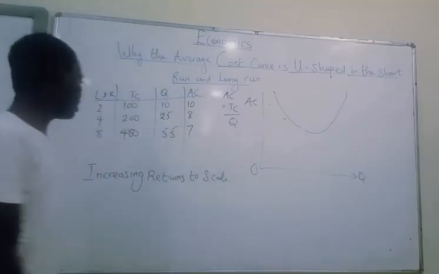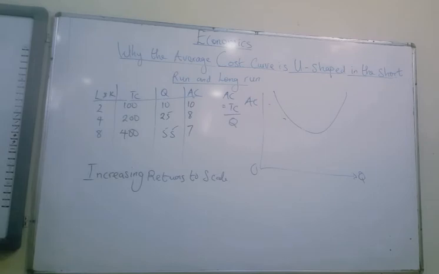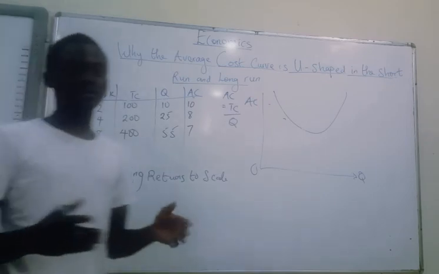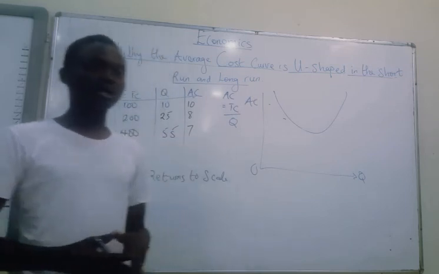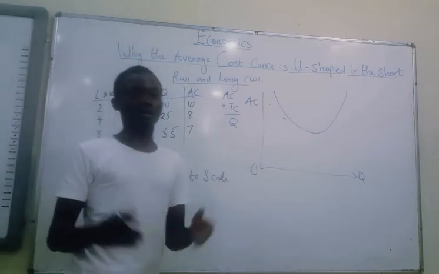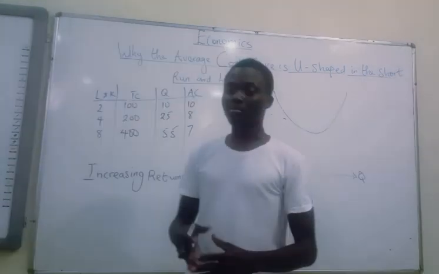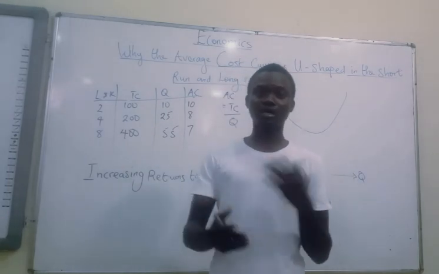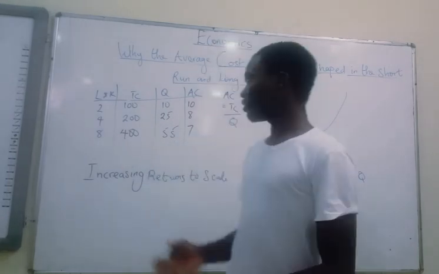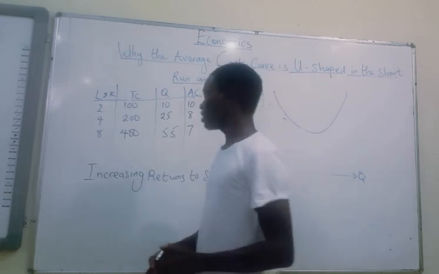So here we have this table for increasing returns to scale. How do we know that? We are assuming that we just have two factors of production, labor and capital, and that they cost the same, which is 50 naira. The cost of a laborer is 50 naira per hour, and the cost of capital is 50 naira per hour as well.